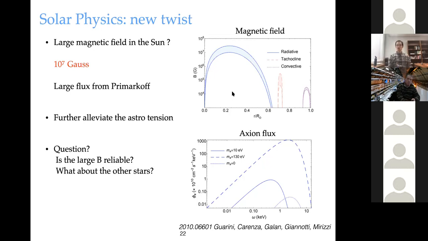And usually you get resonance conversion and a very large flux. So look at the axion flux and the dotted line. Before we said that the flux is 10 to the 10. Right now it can be 1,000 times 10 to the 10. So it's automatically enhanced by 3 orders of magnitude. And then if you think the astrophysical bound is the same, then you are safe.